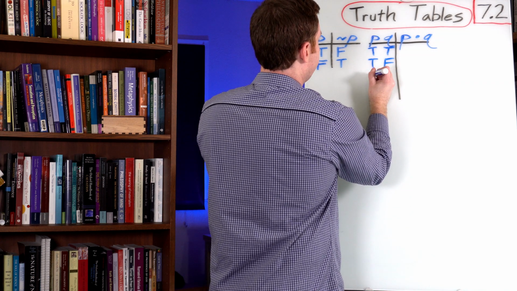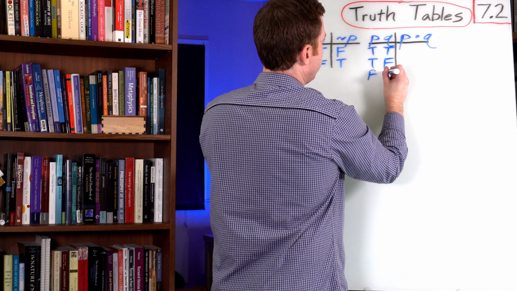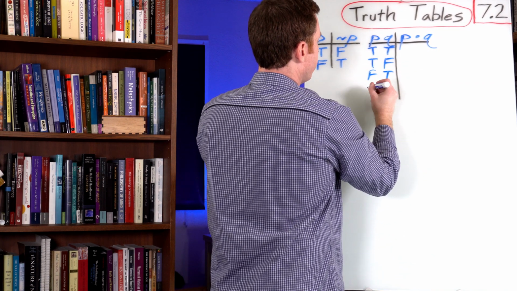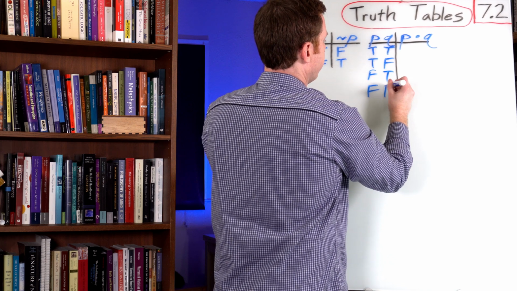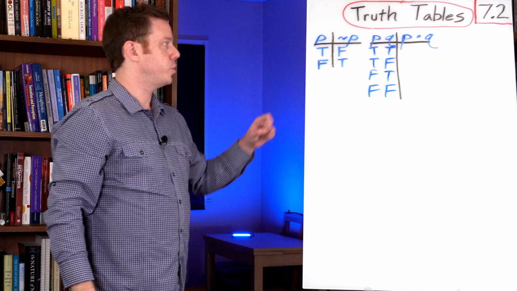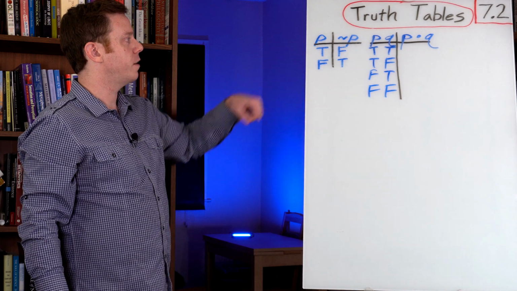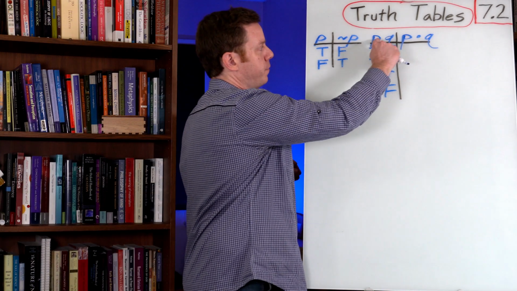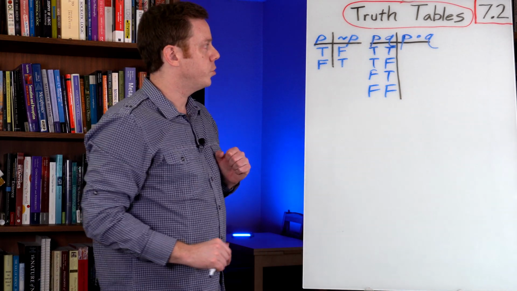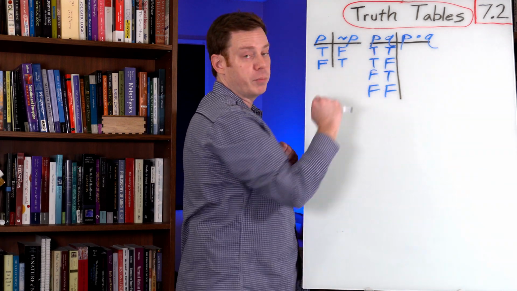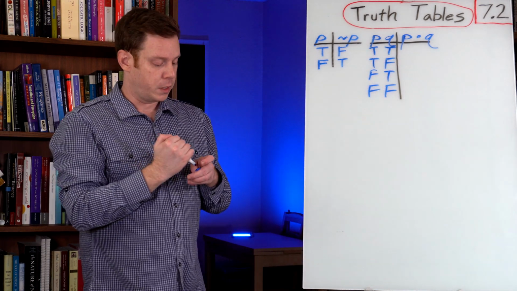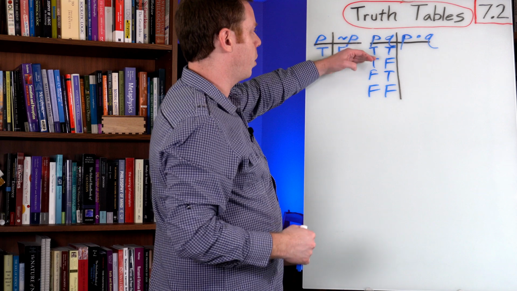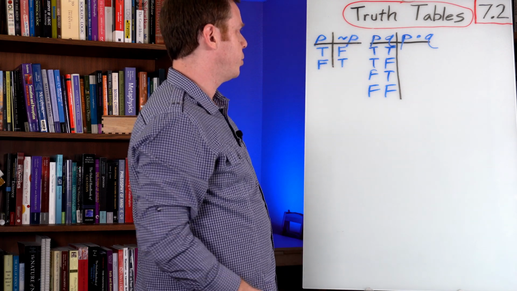You could have P is false, Q is true, or you could have both of them false, right? There's not just two possible truth values. Because you have two variables, you need to account for every possible combination. So we get 4 possible scenarios.